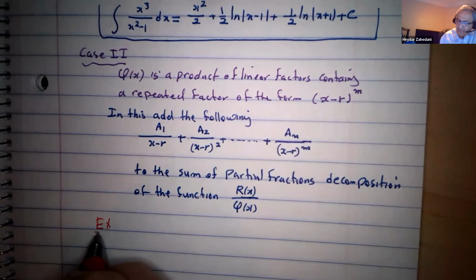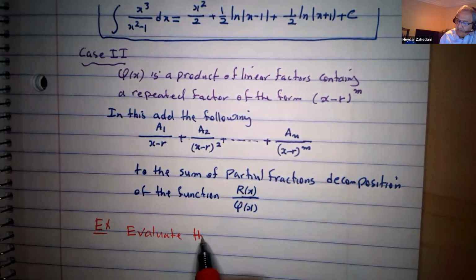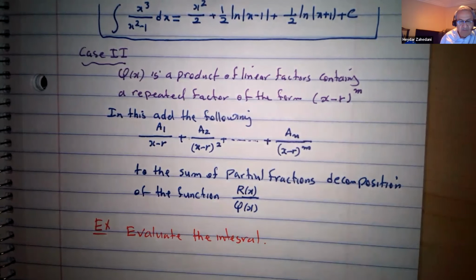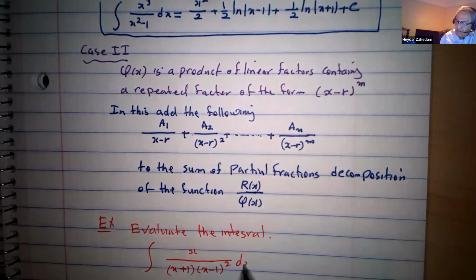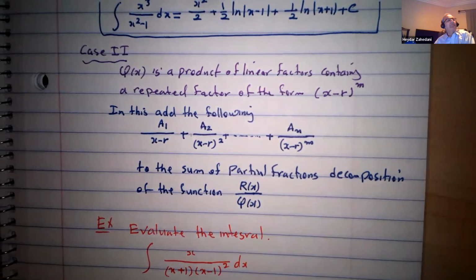We want to evaluate the integral. See what's going to be this integral. The integral is x over x plus 1 times x minus 1 all squared. You see, I have 2 factors.